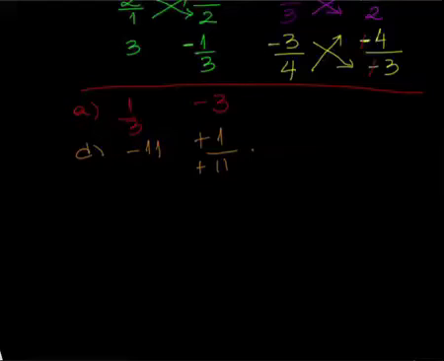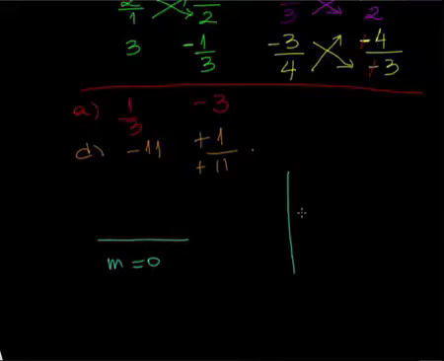What I need to remember is there are two types of lines that have special gradients. When the line is horizontal, my gradient is equal to 0. And when my line is vertical, my slope is undefined.